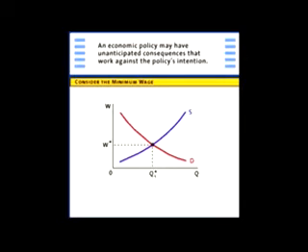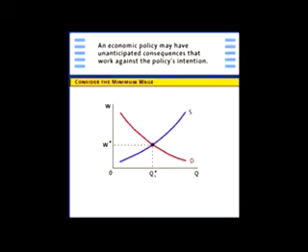Well, suppose we decide as a society that $5 an hour is too little for a worker to be paid, that in order to make a living wage, workers have to earn at least $6 an hour. And we calculate that through studies and logical reasoning and looking at the prices of food and housing and medical care. And we want to establish then a minimum wage that's higher than the equilibrium wage.